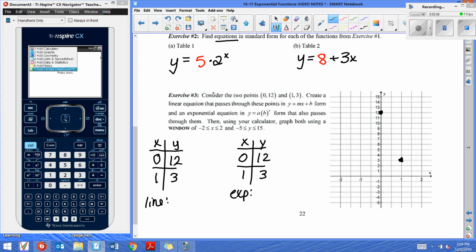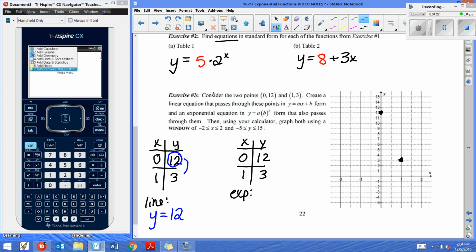Okay. How do we come up with the equation of a line? Well, if we come up with the equation of a line, we typically have a starting value, which, hooray, they gave us right here. So y will equal, I start with 12, and I need to find the number that I'm adding by or subtracting by, and I do this by calculating, you guessed it, the slope.